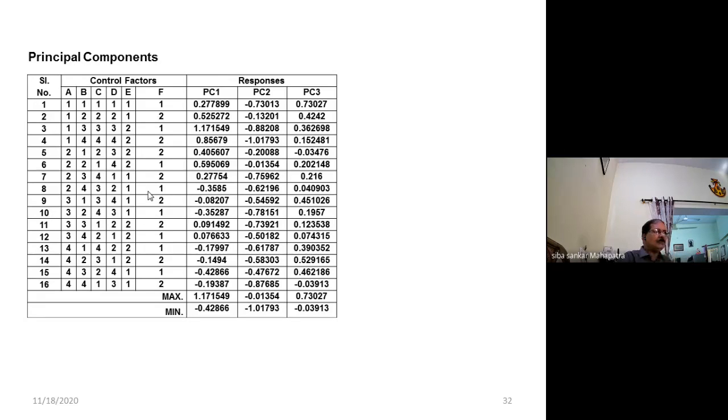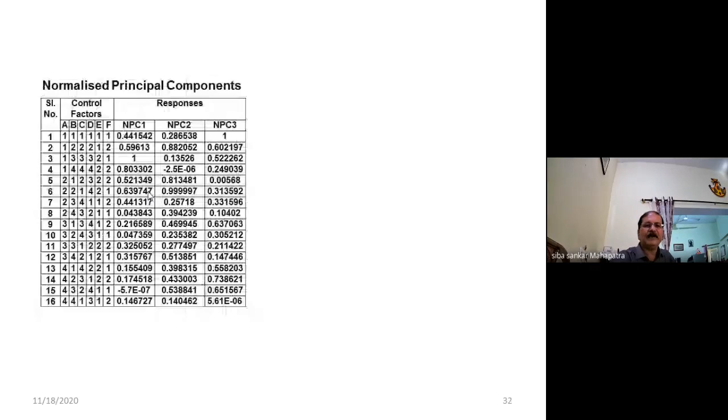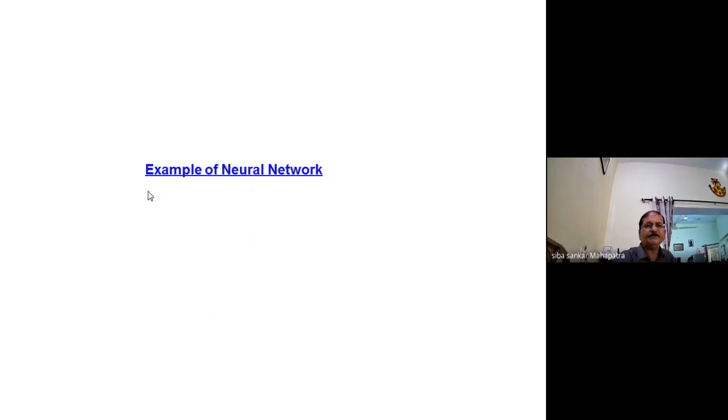These have been converted to only 3 principal components. The same information, or same variation, that was available with the 4 data is available with these principal components. So that will be useful in the neural network, as the computation time can be reduced.